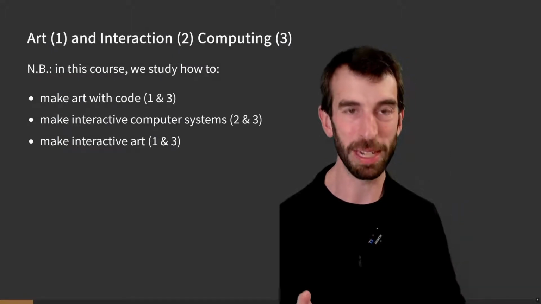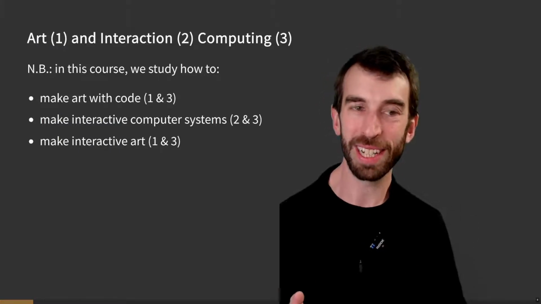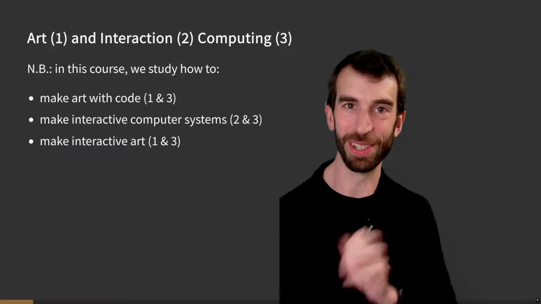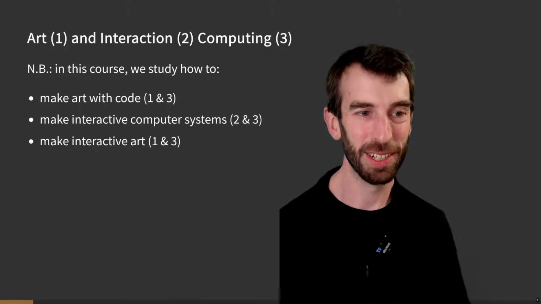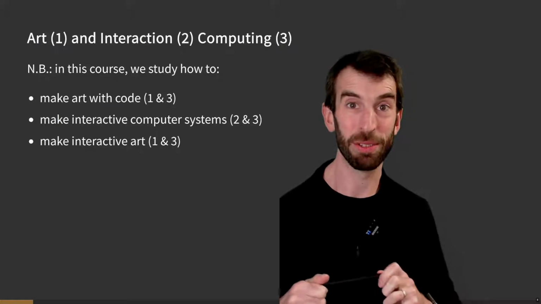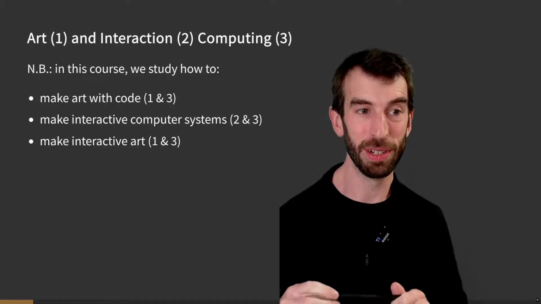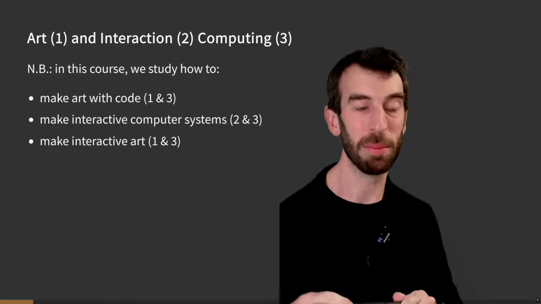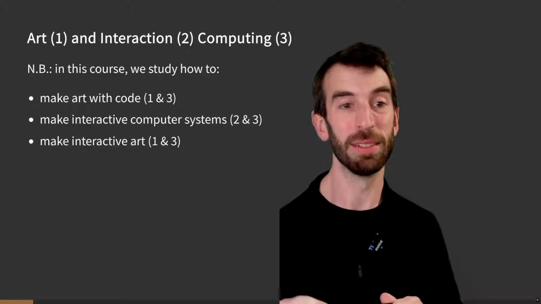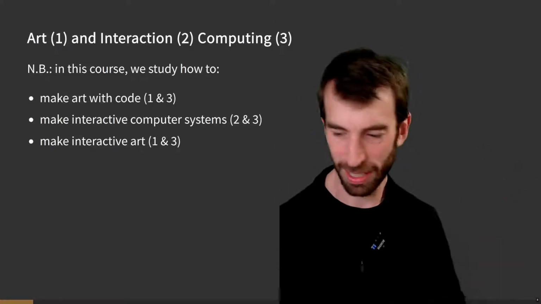If you've got the 3 words in this course, art and interaction computing, we kind of study all of the combinations of those primary concepts, like primary colors. We study how to make art with code, that's what we've been doing, 1 and 3. We study how to make interactive computer systems, that's 2 and 3. And we study how to make interactive art, that's 1 and 2 together, sorry. I've got a typo in my slide, I need to change it. Oh my goodness.